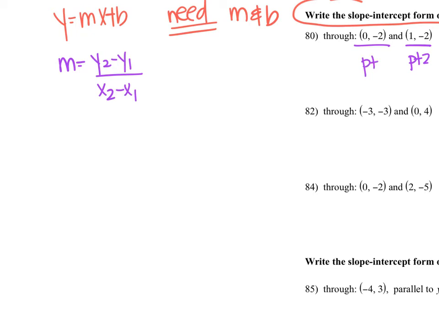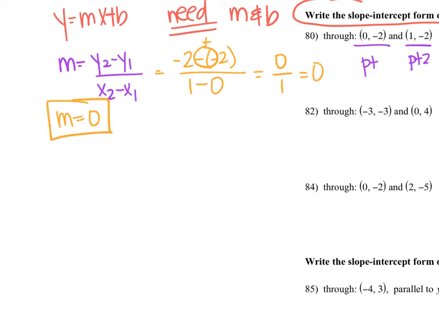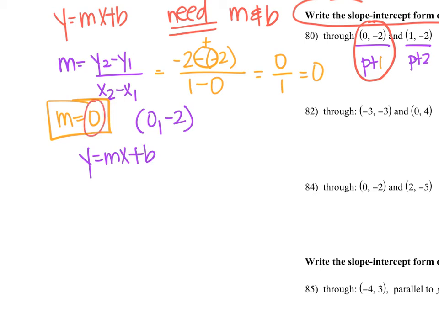So point 2 would be negative 2 minus a negative 2 over 1 minus 0. So that becomes a plus. So 0 over 1. So my slope is 0. So m equals 0. So now that I know my slope, I can choose whichever one of those points to plug in. So I think this one is an easier point. So I'm going to use 0, negative 2 as my point. So now y equals mx plus b. I'm going to plug in my 0 here.